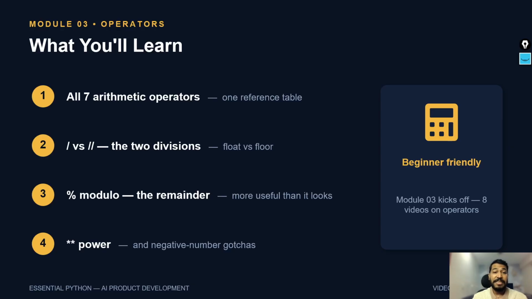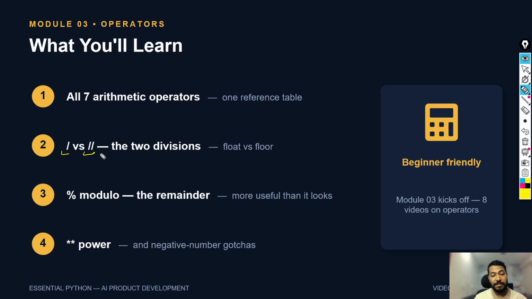All right, so in terms of the agenda of this video, we are going to understand all 7 arithmetic operators, guys. There are 7 types of arithmetic operators that we are going to learn in this video. And we are going to understand the differences between slash and double slash. Slash is for division, and double slash is a kind of operator which we are going to see practically.